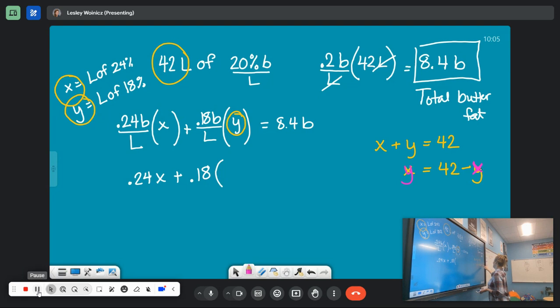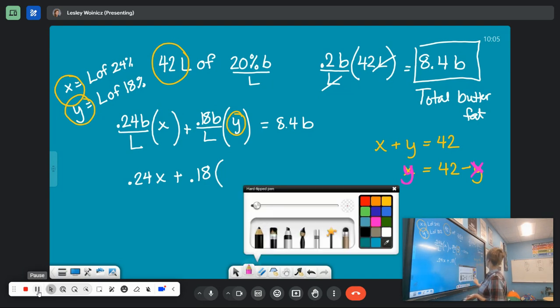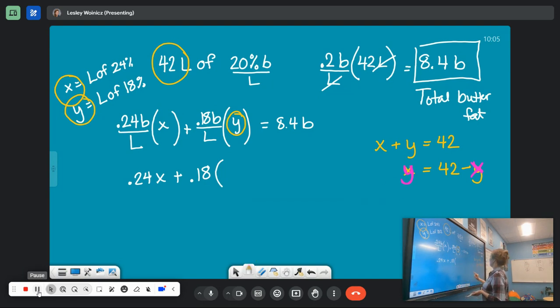Sorry, this is what my brain meant to do, but it's hard to talk and write at the same time. So I'm substituting for y. You could have done it the other way, but I just wanted x and not y. Sorry, not sorry. All right, so I'm going to substitute that in. Y is 42 minus my x, and that has to add up to 8.4 total liters of butterfat.